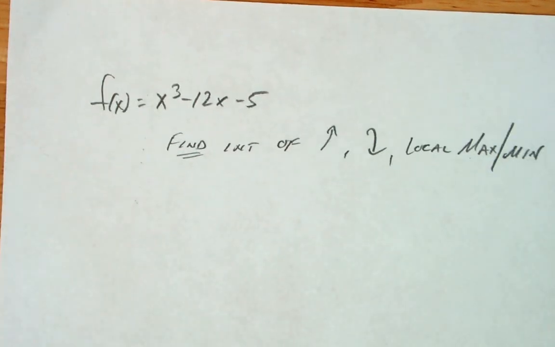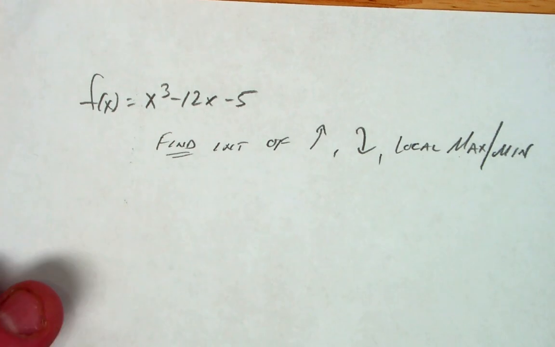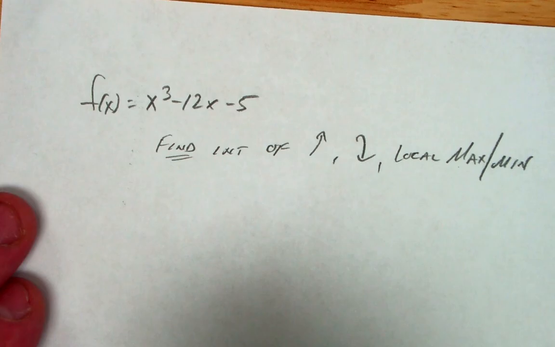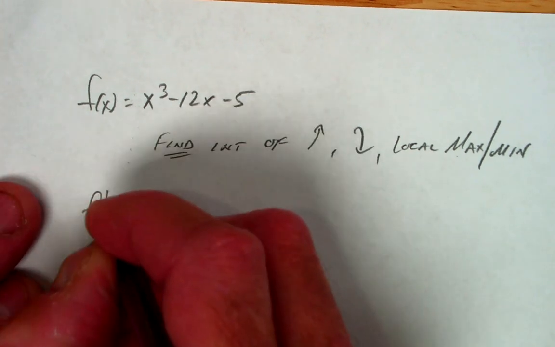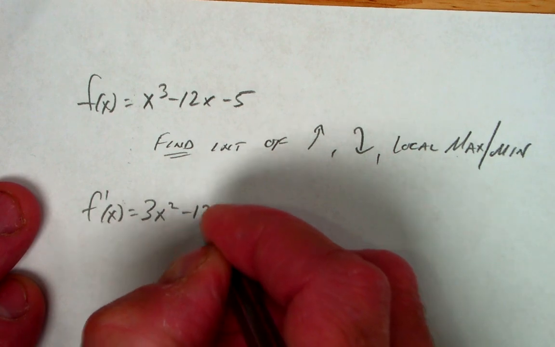First of all, we know what this function is going to look like. It's a cubic. That's not a mystery to us. You've worked on it in Algebra 2, you worked on it in pre-calculus. So what do I have to find? I have to find my derivative so I can find my critical points. f prime of x is equal to 3x squared minus 12.